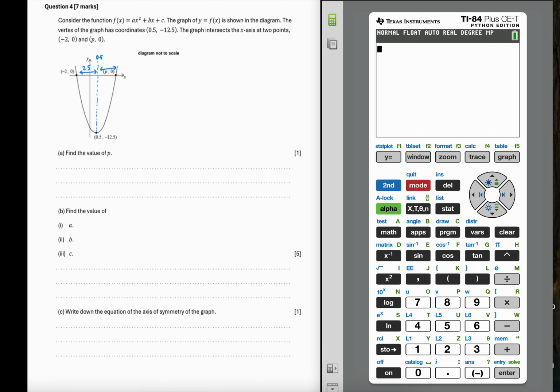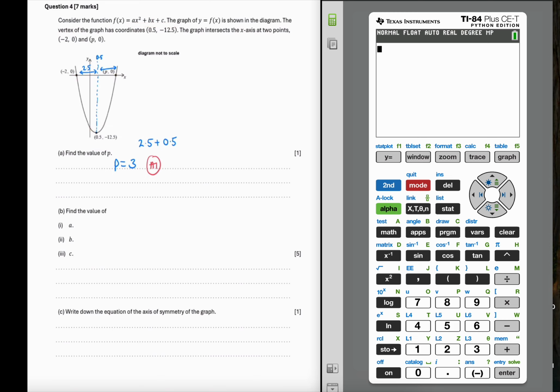So 2.5 plus that 0.5 gives me the value of p, which is therefore 3. So p equals 3 is the first part. It's just 1 mark, and that's for the answer.